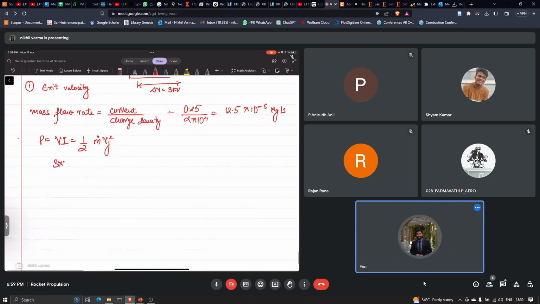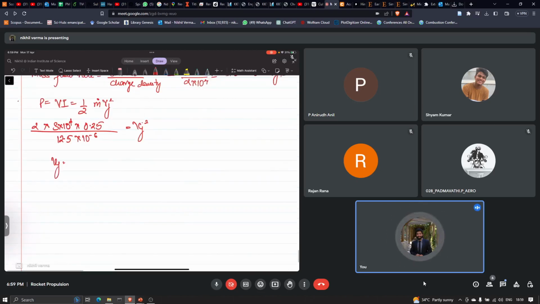So this is 3 into 10 to the power 3 times the current 0.25, and this is 2 divided by 12.5 into 10 to the power minus 6. This is vj square. So with this you will get the velocity vj as 10950 meters per second.